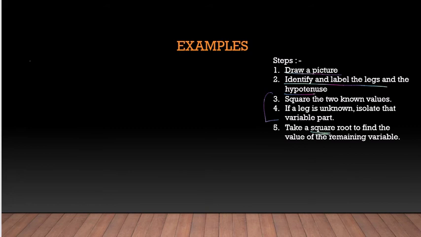I'm going to give you all the formulas. If you need to find the hypotenuse, you are going to use this formula: c squared equals a squared plus b squared.